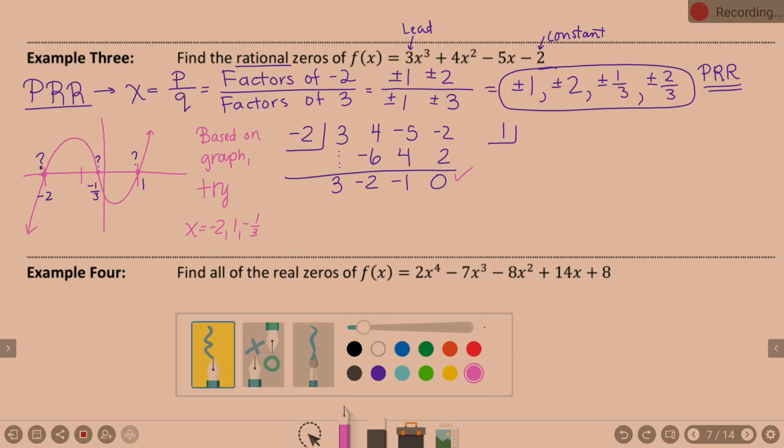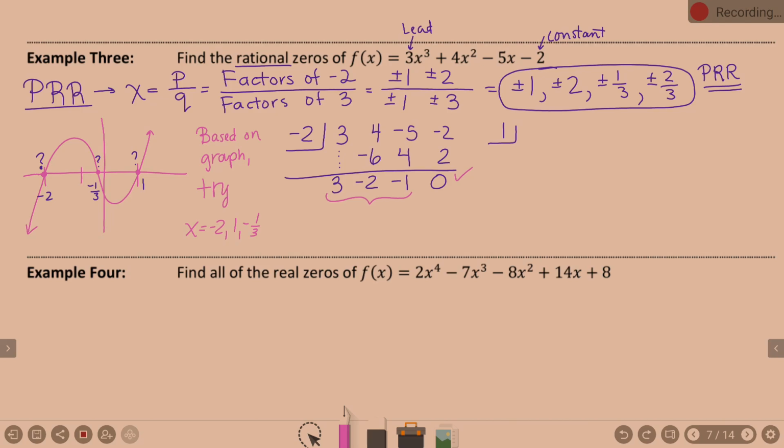We just divided by -2, or the factor x plus 2. What's my result? That 3, -2, -1. So now when you do your next synthetic division, don't go back and use the original problem. Use this new factor. It's allowing us to factor it now. We're going to use the 3, -2, -1.